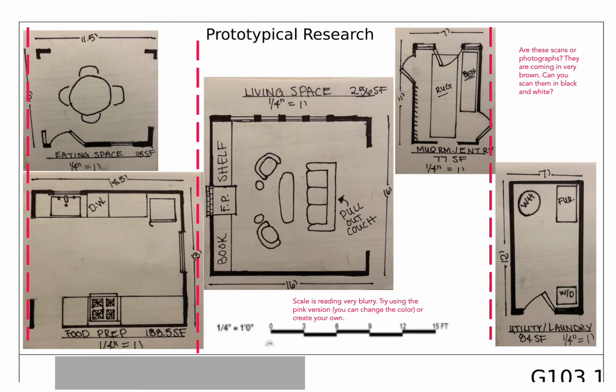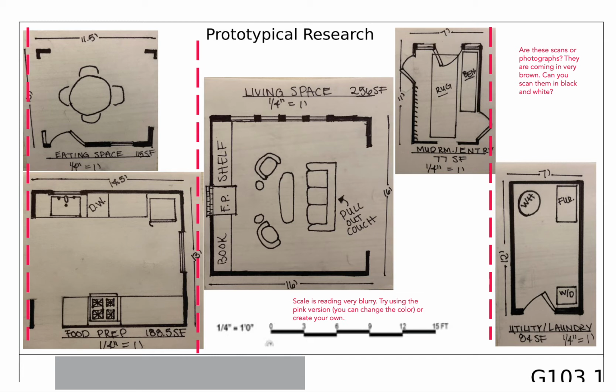And then I am noticing that some of the lines in each one of these images, they're not always aligned. So you can see in this upper left-hand corner, the dimension line is not straight. It looks like it's angled, like the photograph maybe was taken at a different angle than the living space, for instance.